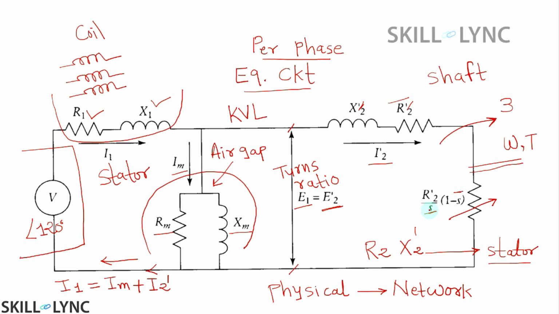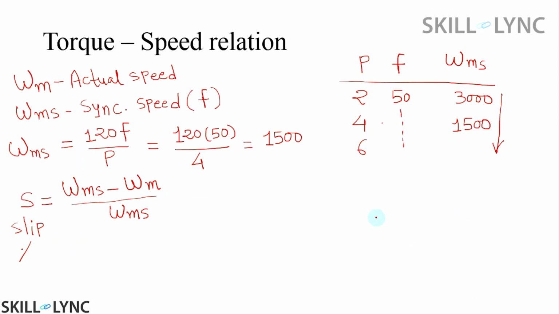Here the slip s relates to the supply frequency related stator MMF, and here you also have the 1 minus s factor. So this slip is now understood: it is the difference between synchronous speed and the actual speed as a percentage of synchronous speed.